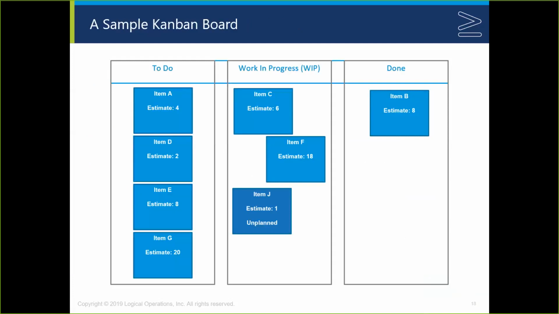Effectively you establish your to-do pile, you pull work as you have capacity to do it, and the goal here is to establish pull-based systems that are more efficient, that allow us to limit the amount of work in progress and to have broad visibility across all the relevant stakeholders about where we are. Your customers may ask you about tools too. There are lots of different kinds of tools that do this, from very large-scale enterprise tools like Jira to tools like Trello that are nice and inexpensive for people that are looking for something simple that's going to enable them to do what they do.